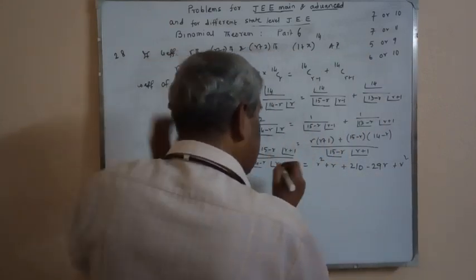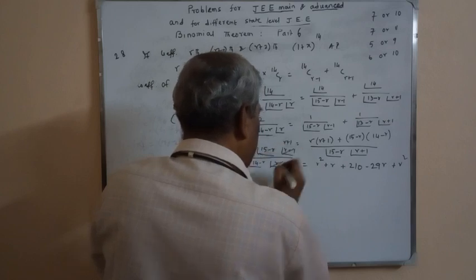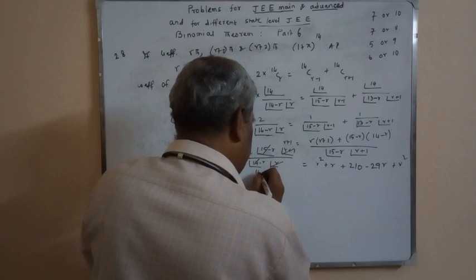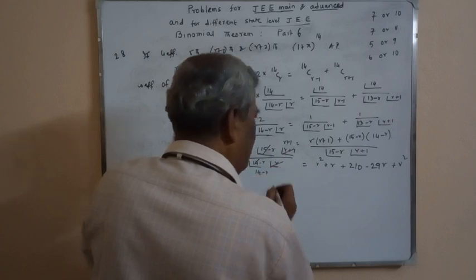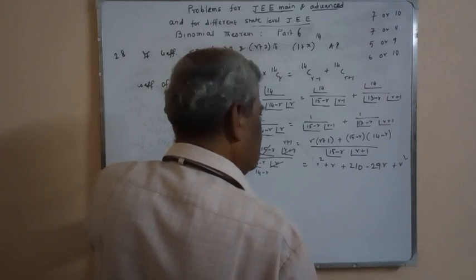Now between this and that, it is simply r plus 1. Between this and that, it is simply 14 minus r. And 2 is there.